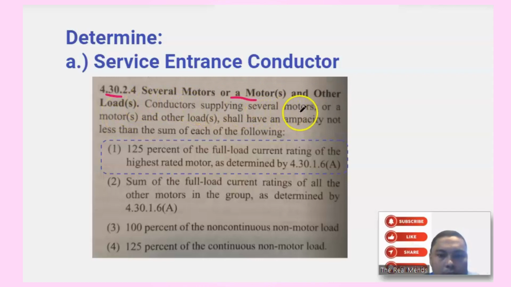Conductor supplying several motors and other loads shall have an ampacity not less than the sum of the following: 125% of the full load current rating of the highest rated motor, as determined by 4.30.1.6, quantity A. So let's use this condition.